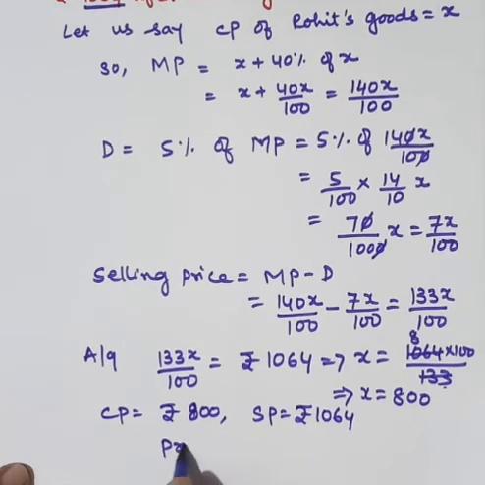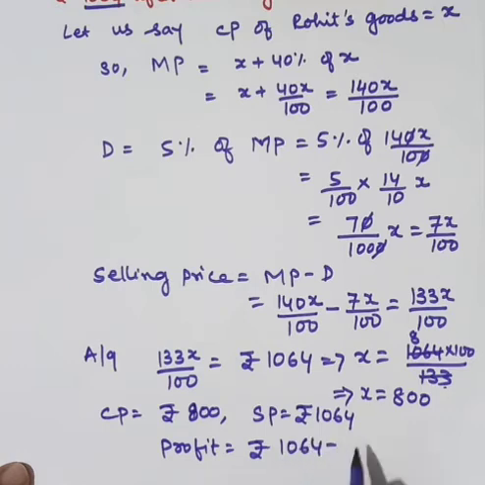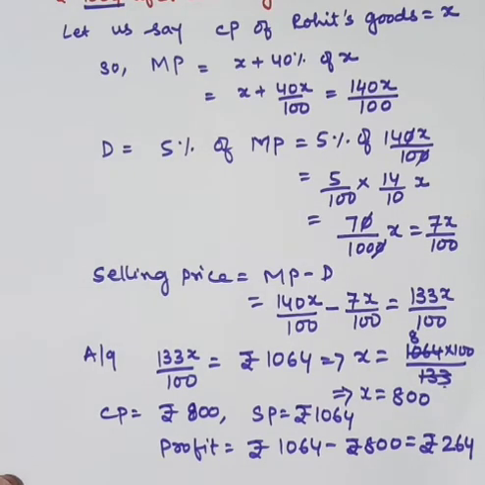So profit will be equal to rupees 1064 minus rupees 800. That will give you rupees 264. So here the question was, what actual profit does he make? So the actual profit made by Rohit is equal to rupees 264.